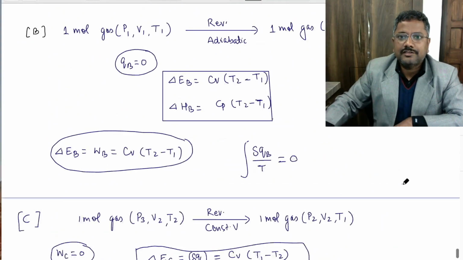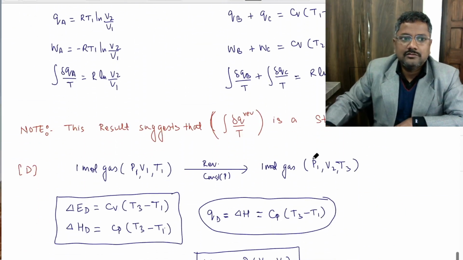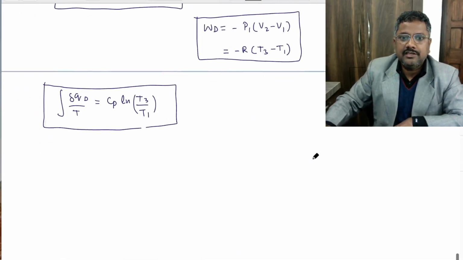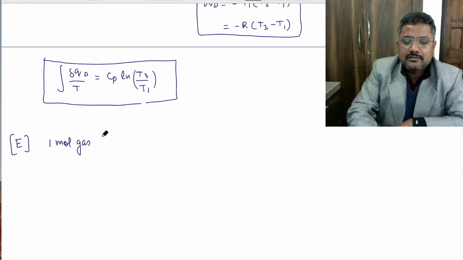Now come to this process, E. So T3 P1 V2. This time path E: 1 mole gas P1 V2 T3, reversible constant volume.